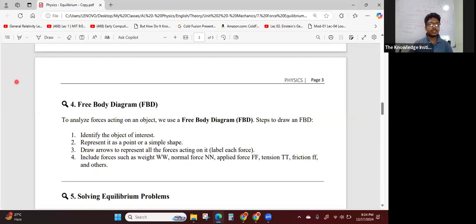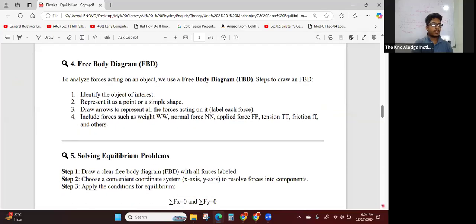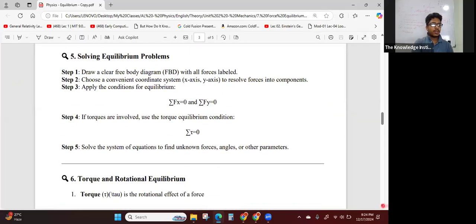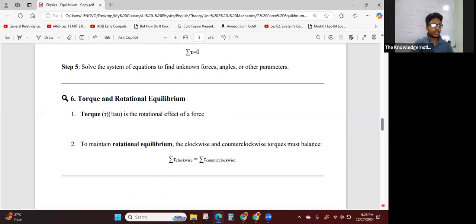You can note that down later, but it's not so important. But you have to draw the free body diagram. I hope you already know how to draw it. Then, to solve equilibrium problems, we have to consider these two conditions: the resultant should be 0 and the torque also must be 0. Okay, now let's move on. Let's do some questions.